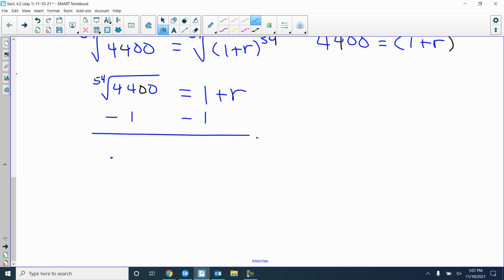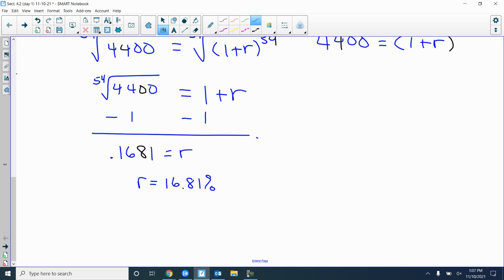Now I'm going to round it to 0.1681 equals r. What was that as a percent to the nearest hundredth? My book listed as the final answer 16.81%. So r, the annual rate of return, is 16.81%.